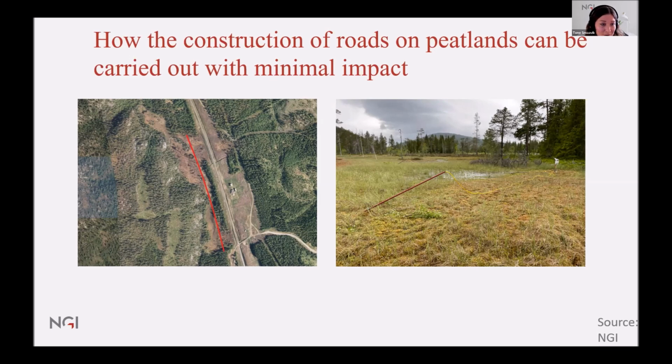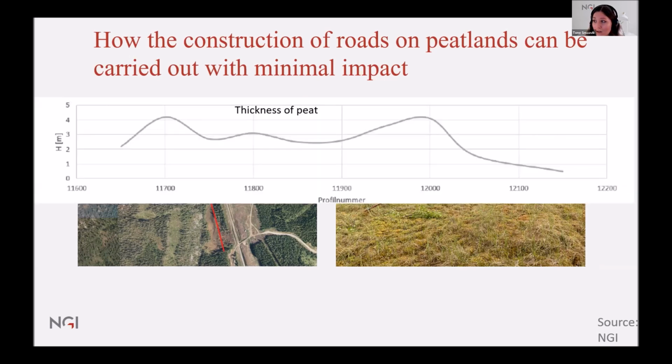But the geotechnical design team here went to great lengths to document the feasibility of building on the peat and finding a construction method where we could stay on top of the peat rather than replacing it. The thickness of the peat across this area was up to 4 meters, and so it would be quite significant if we were to excavate all that soil and replace it.